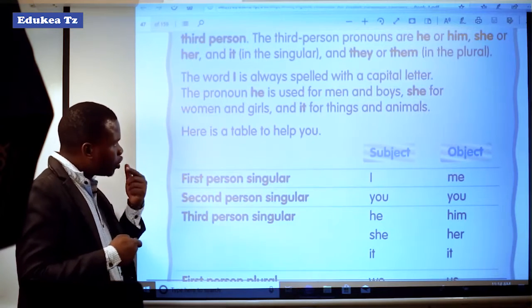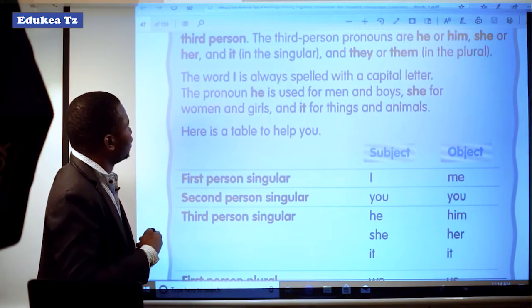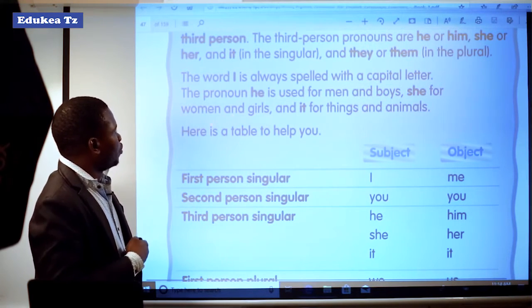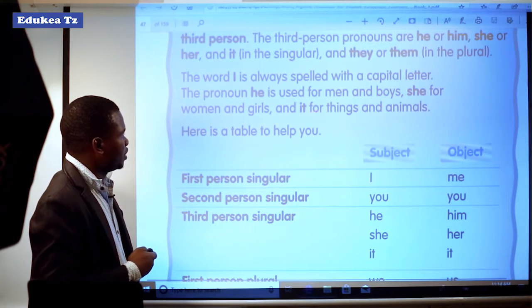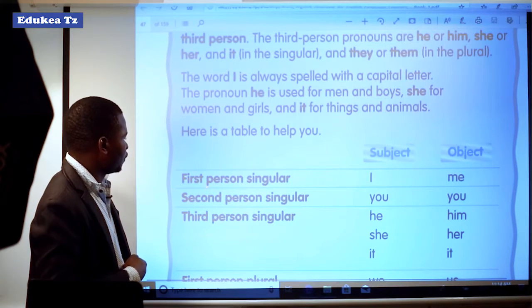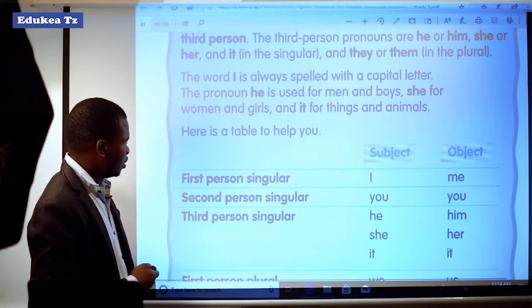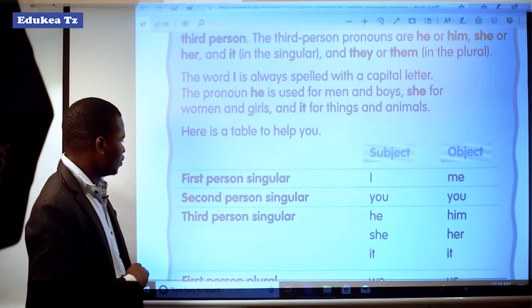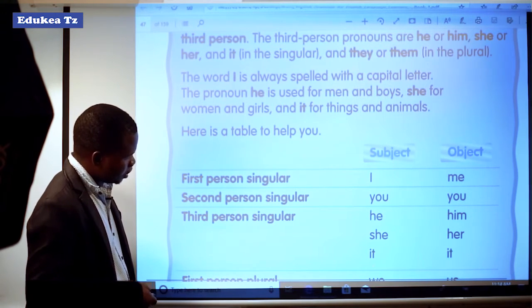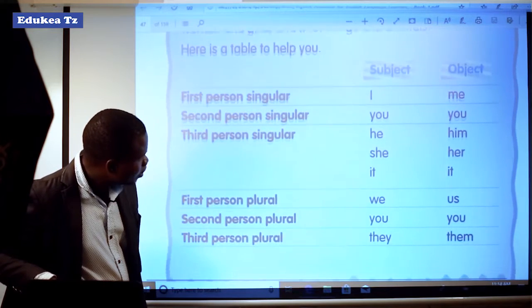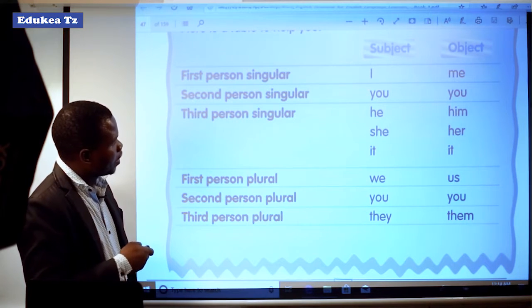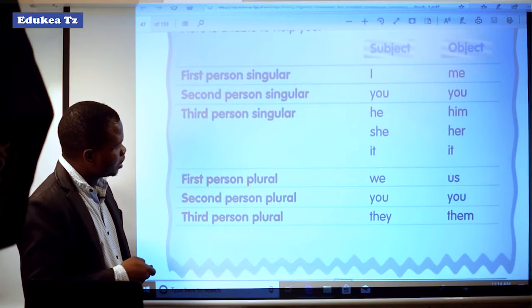The word I is always spelled with a capital letter. The pronoun he is used for men and boys, she for women and girls, and it for things and animals. Here is a table to help you. You have first person singular, that is I, me; second person singular, you; and the third person singular, he, she, it. Here these are the subject, and these are the object: I, me; you; he, him; she, her; it.